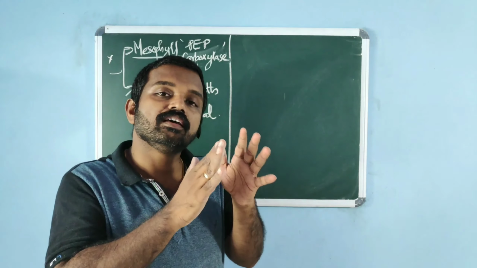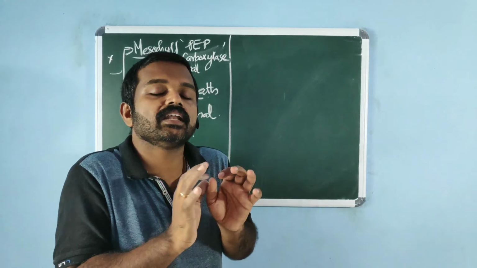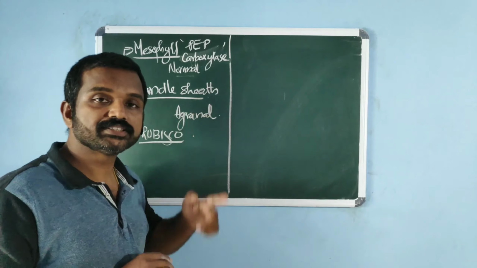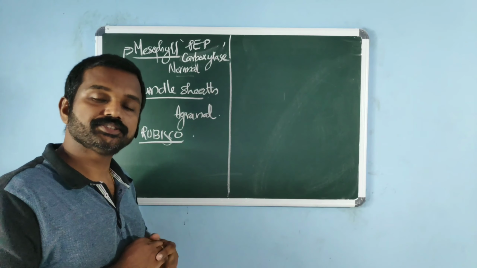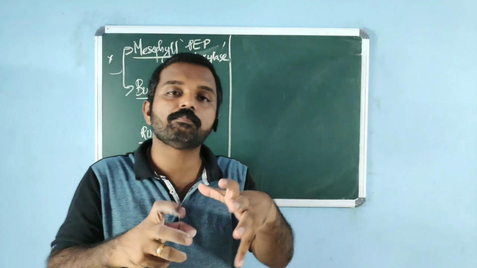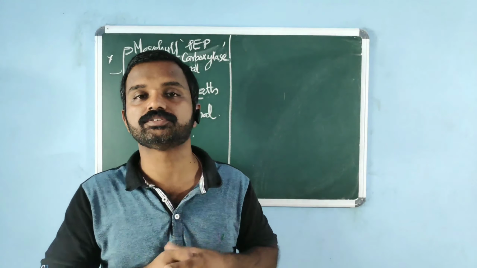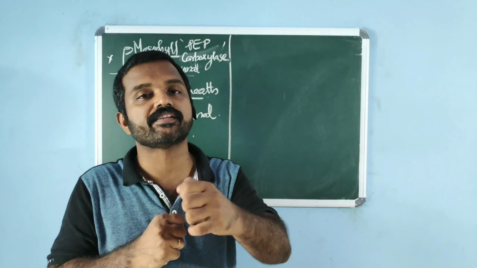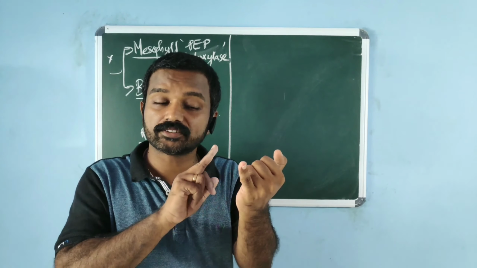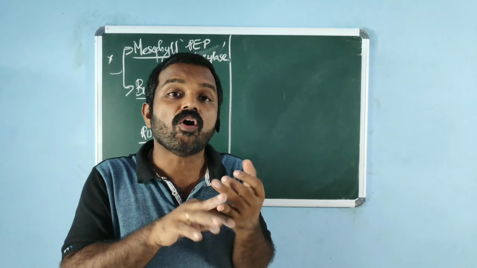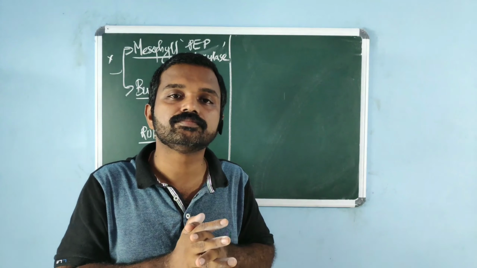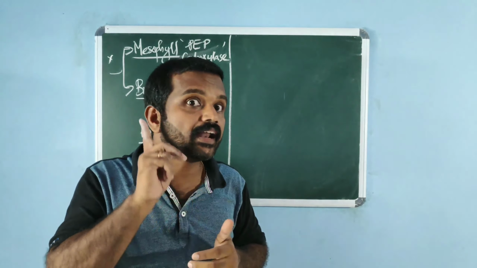That means it fixes only carbon dioxide and catalyzes only carboxylation. Bundle sheath cells have agranal chloroplast, where the enzyme Rubisco is present. The evolutionary purpose of the agranal chloroplast is to avoid oxygen evolution here. And since the bundle sheath cells are thick-walled and closely packed, they will not allow gaseous exchange, so oxygen cannot enter.